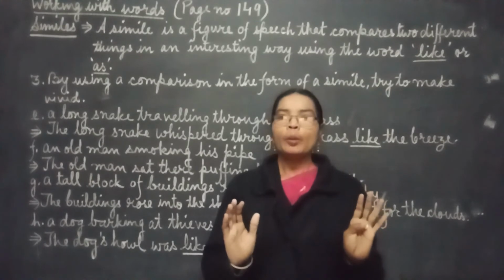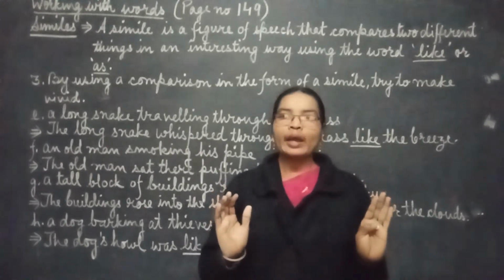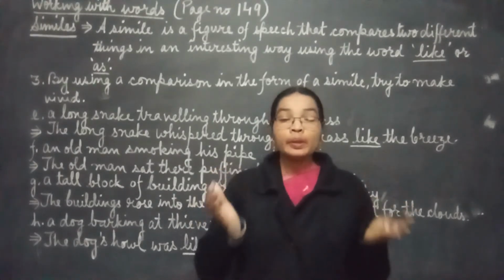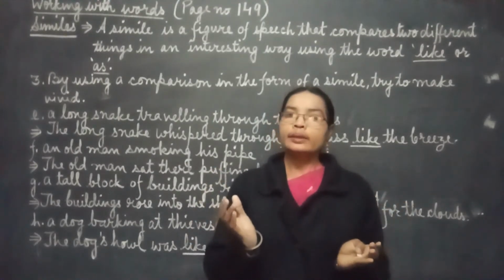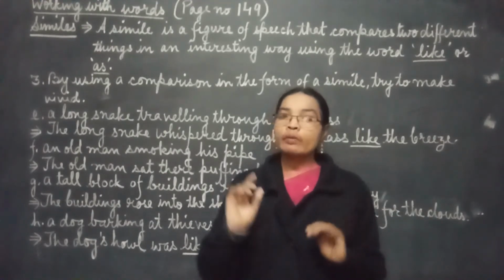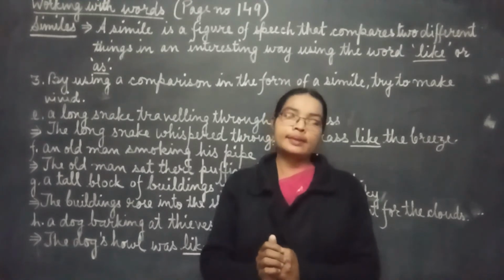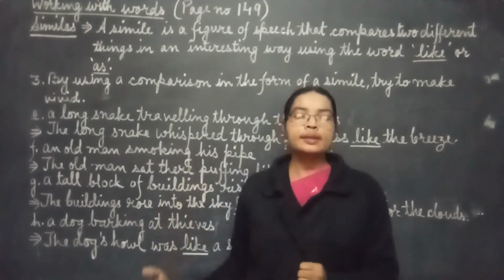Things are different, but we have described them in such a way that it became interesting. And the second thing is what? We have used our simile, that is the word like and as, in one or the other sentences.